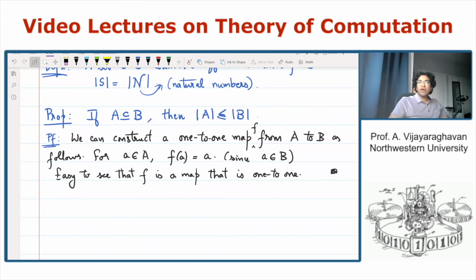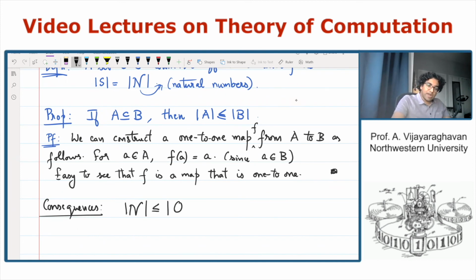Okay, so now this at once allows you to compare the cardinalities of many of these sets. So this at once implies some simple consequences: the cardinality of natural numbers is certainly less than or equal to the cardinality of rational numbers. It's also less than or equal to the cardinality of integers, and less than or equal to the cardinality of real numbers.